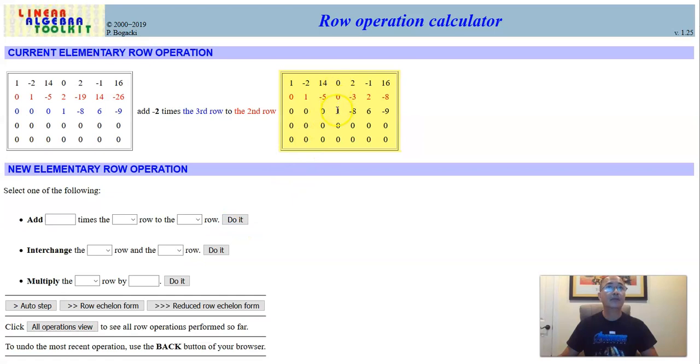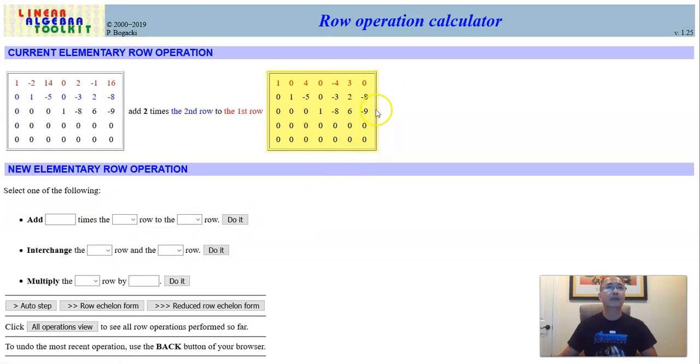So now everything above that leading one is a 0. And lastly, we will add 2 times the second row to the first row. All right, so there it is. And of course, this is exactly the same REF that we got earlier using the Gauss Jordan algorithm.